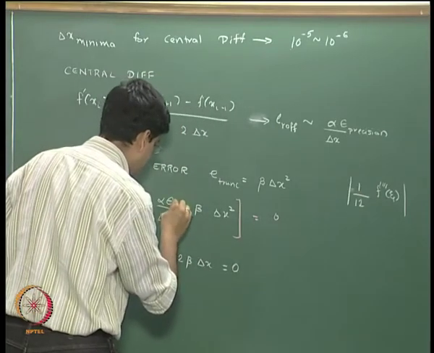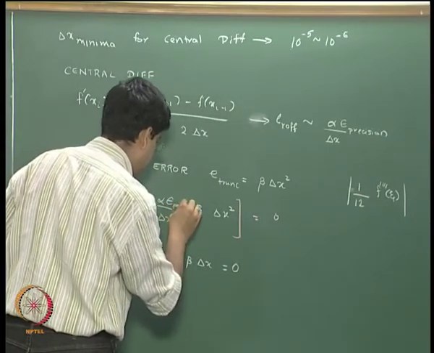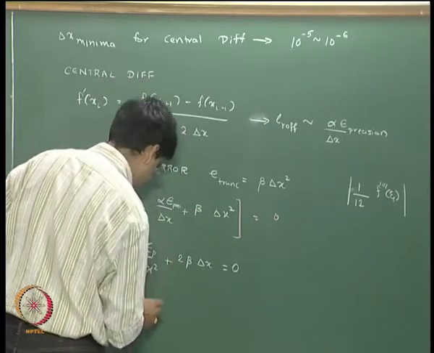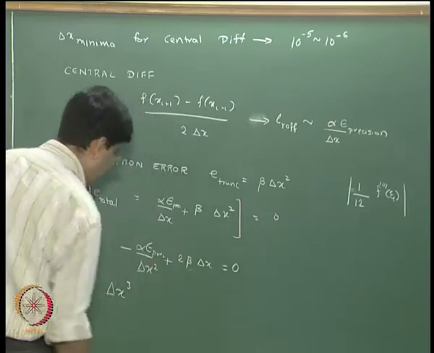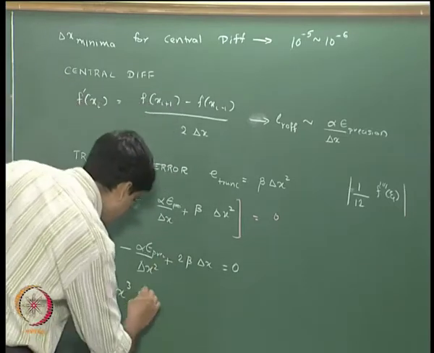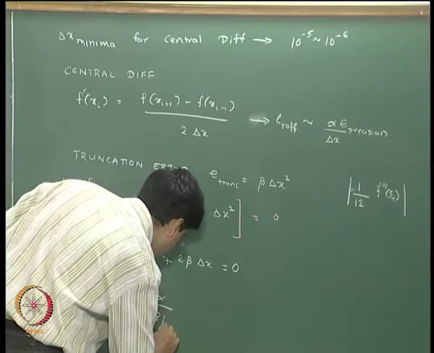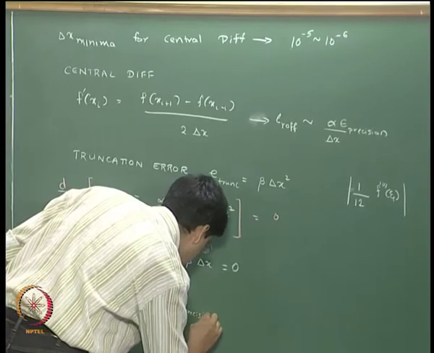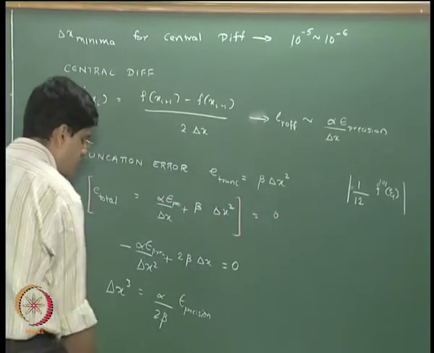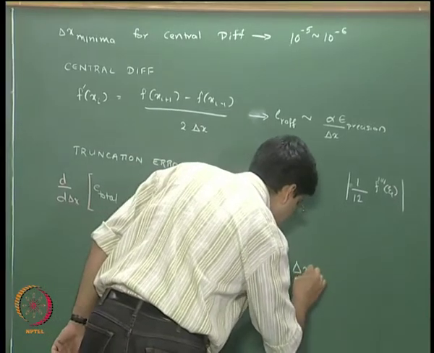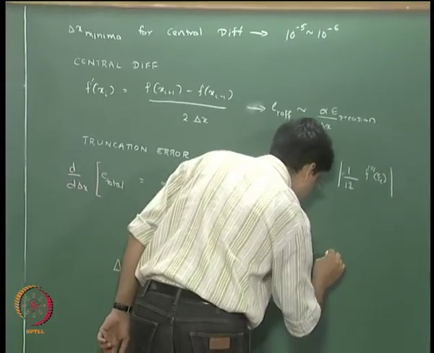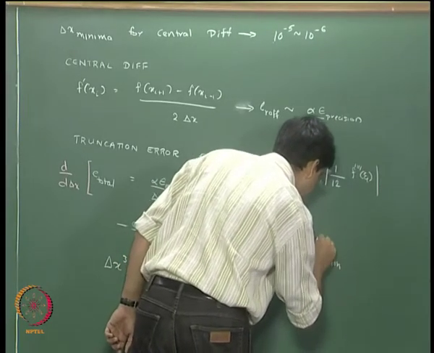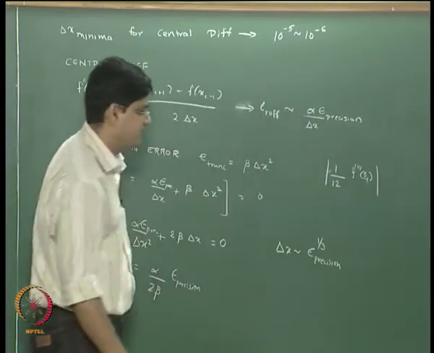So, I missed that. Okay. So, what we will get here is alpha by 2 beta times epsilon precision, or our delta x is going to be proportional to epsilon precision to the power 1 by 3, okay.